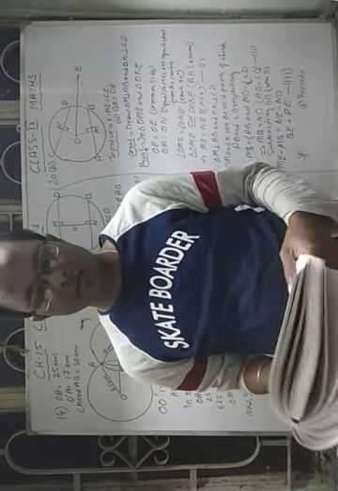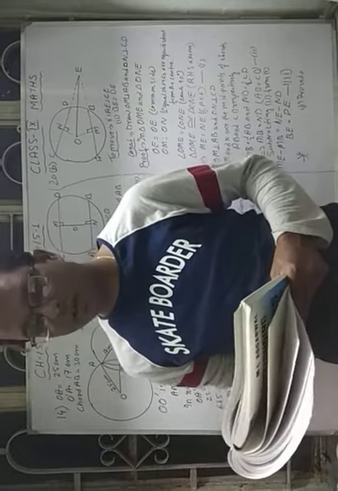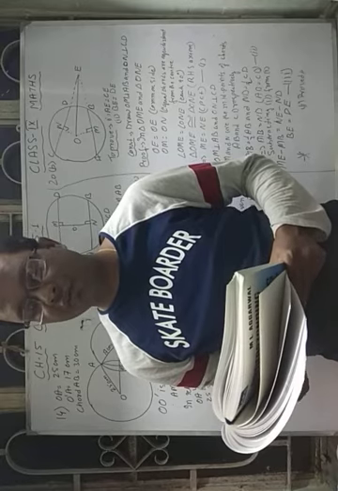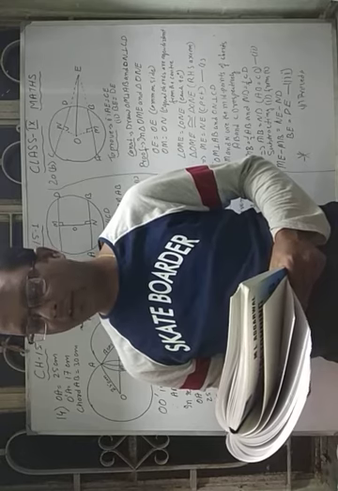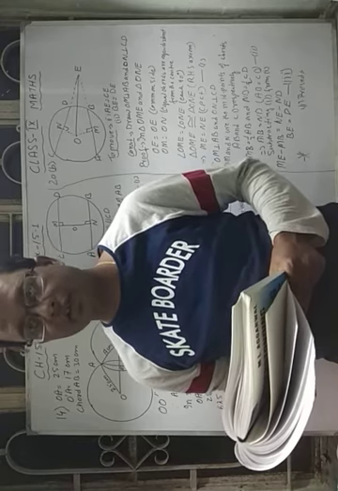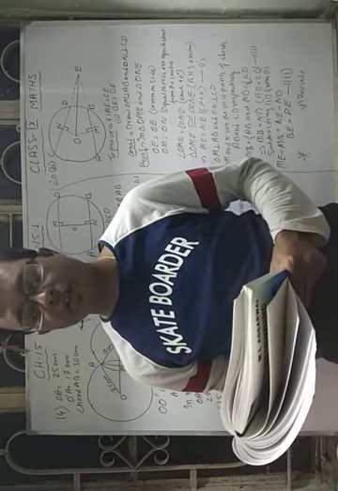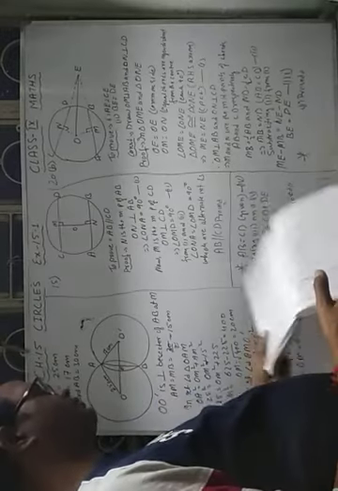Now, today's first question is question number 14 that I have chosen. The question is that the length of the common chord of two intersecting circles is 30 centimeters, and if the radii of the two circles are 25 centimeters and 17 centimeters, find the distance between their centers. See the figure, which will help you understand the question.